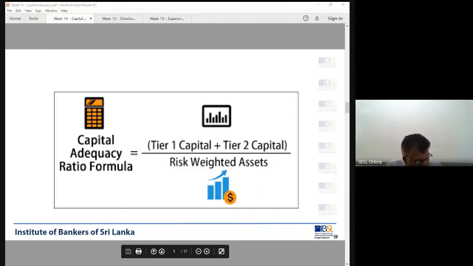Describe how unit trusts can promote capital markets in Sri Lanka. Think and write the answer and send it.